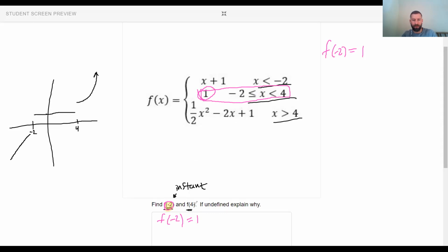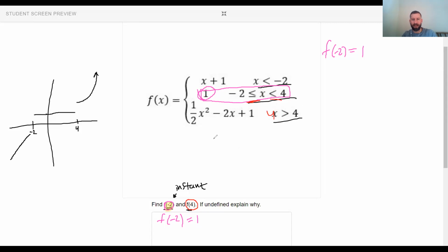Now I'm going to do the same thing for f of 4, and let's just see which one of these it would plug in for. Well, definitely not the first one. 4 is not less than -2. Is -2 less than 4? Yes, but is 4 less than 4? No, it has to satisfy both of these things. 4 is not less than 4, 4 is equal to 4.